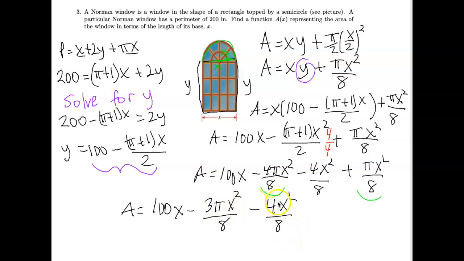And what I can go ahead and do is factor out my x squared, factor out a negative 1, and make this into a single term. And this is my answer.